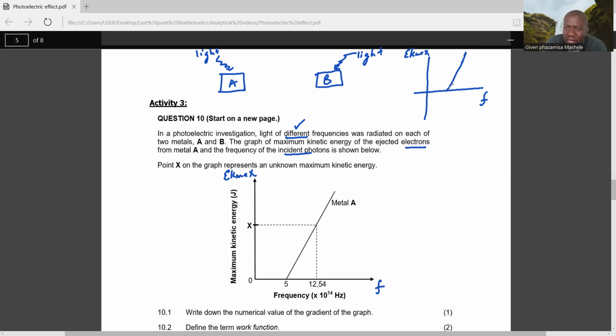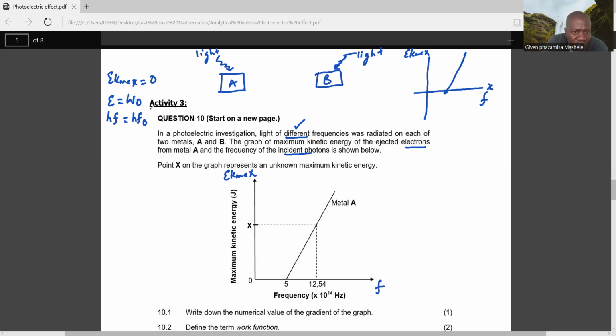Where the graph touches the x-axis, it is the point where the kinetic maximum is 0. And if the kinetic maximum is 0, it means that the energy of the photon is the same as the work function. This is hf naught.